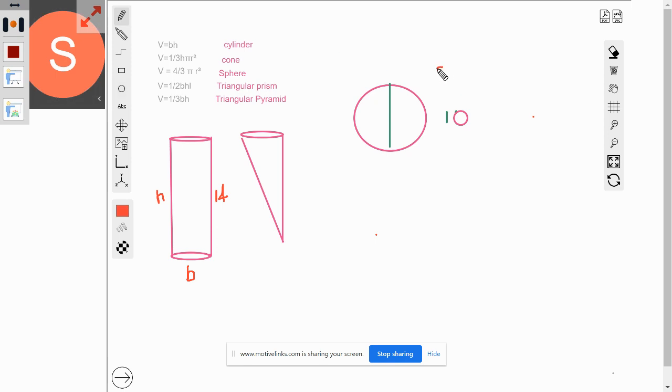So our radius is 5. Now, the formula for a sphere is pi r cubed. So we would multiply 5 by pi. Let's do that. 5 times, well, I'm using 3.14. So we have 15.7 for our pi r.